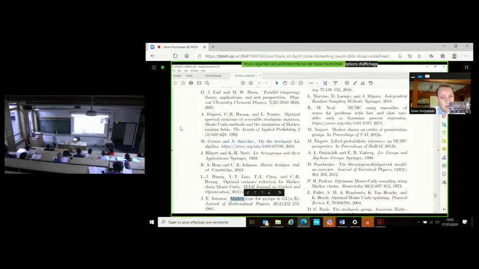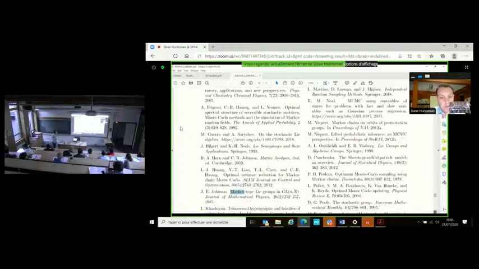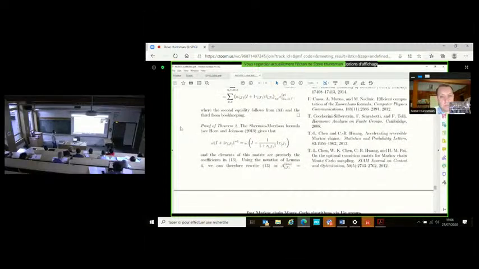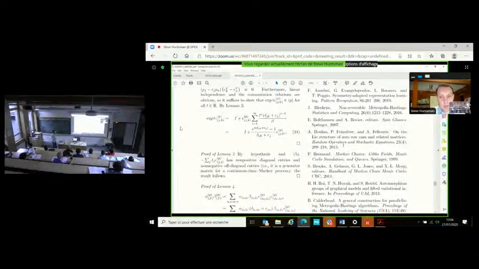Johnson is here. Poole is here. So this one, and this one, and this one, which is, I think, the first one that I noticed really looking at the sort of Lie group structure of these. So that might be the most interesting reference. That and the Guerra Sarychev article, I think, also did some Lie group stuff now that I think about it.